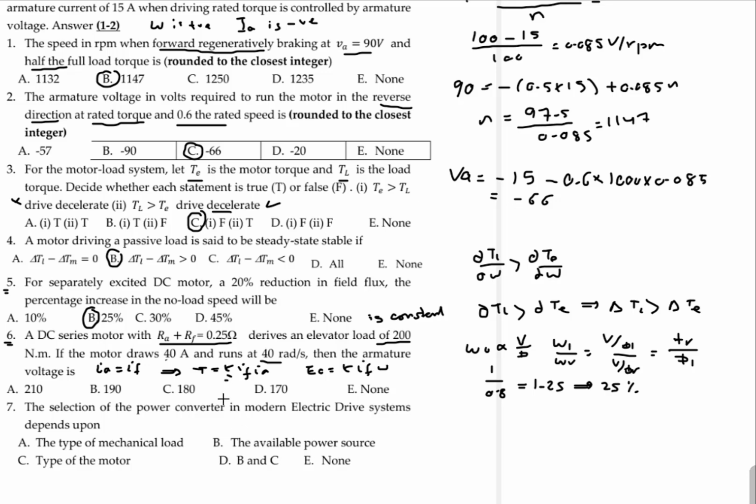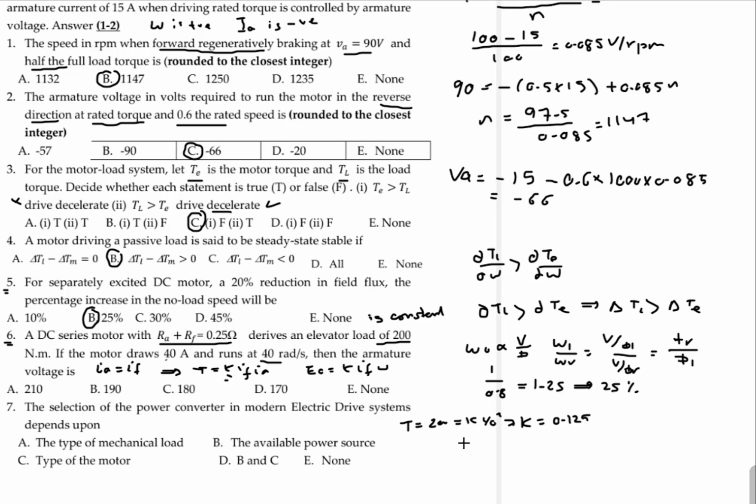So let's find K. From the torque we know that T, which is 200, will equal K multiplied by IA equal to IF, so 40 squared. From here we can find K, which will equal 0.125.